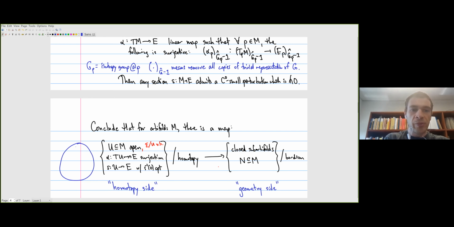So here is M. M we regard as fixed. An element on this left-hand side consists of an open set U, a vector bundle E over U, and some section with compact zero locus.